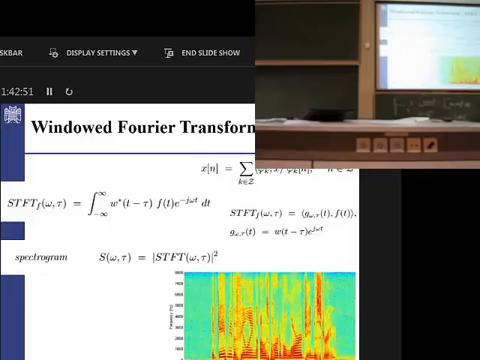A three-dimensional representation is not possible, so they represent the third dimension with intensity. When it gets more red, it means more intensity, and when it gets blue, the value is almost close to zero.